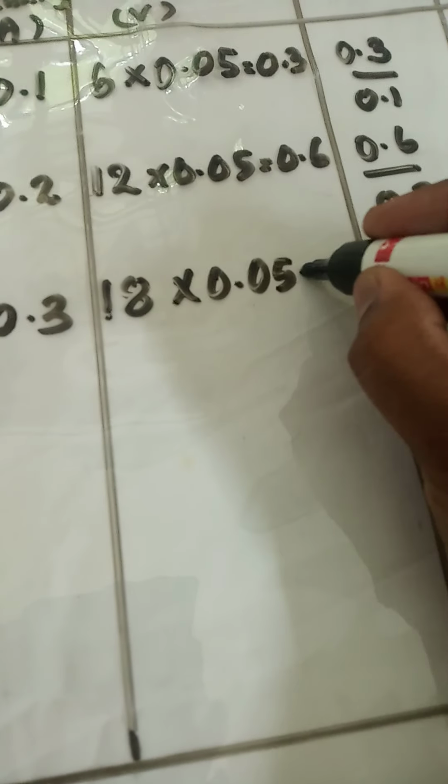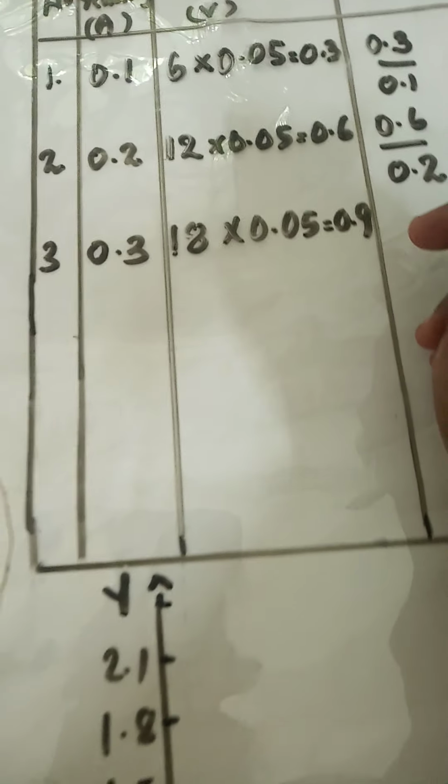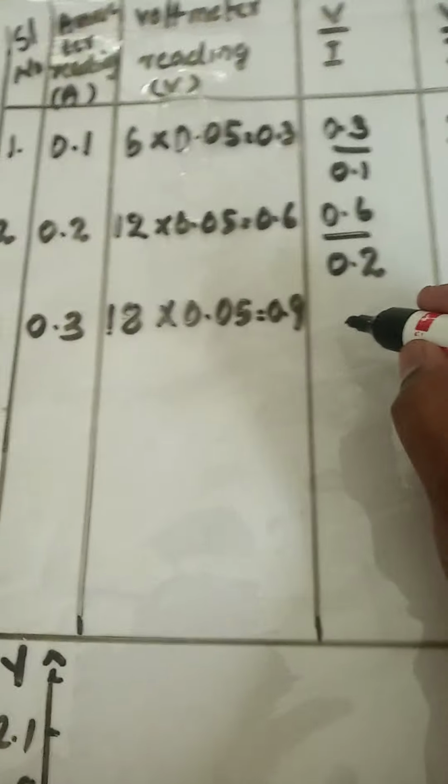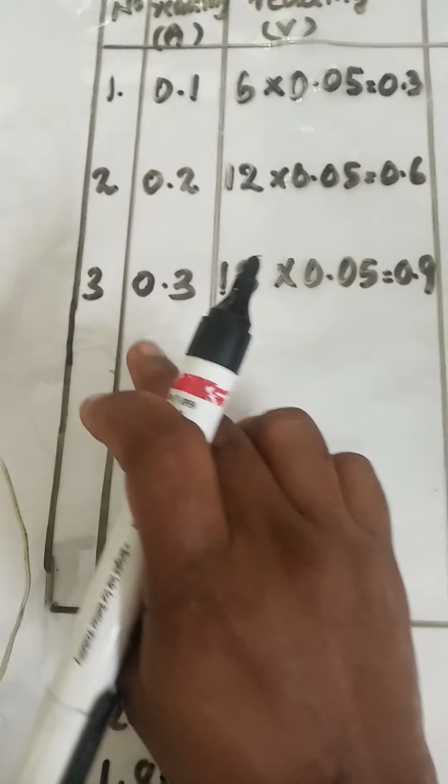So 18 into 0.05, that is 0.9. Therefore, what is V by I? 0.9 divided by 0.3, that is 3 ohms.